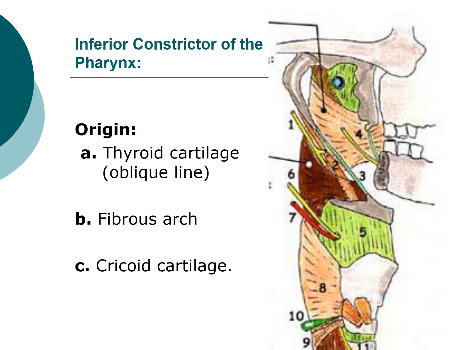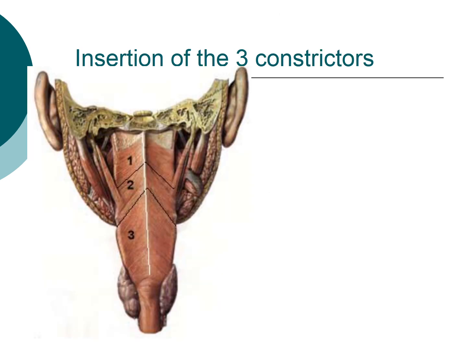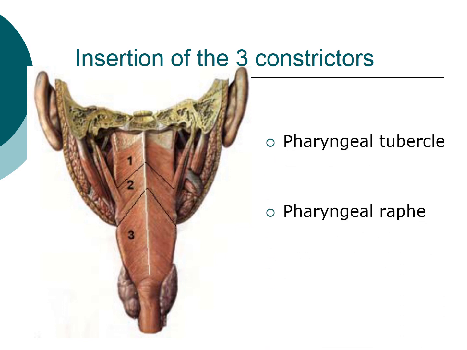The food is propelled downwards. This is the action. The nerve supply is the cranial part of the accessory nerve. The accessory nerve is cranial nerve number 11.